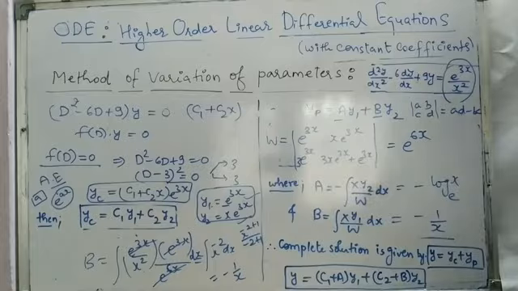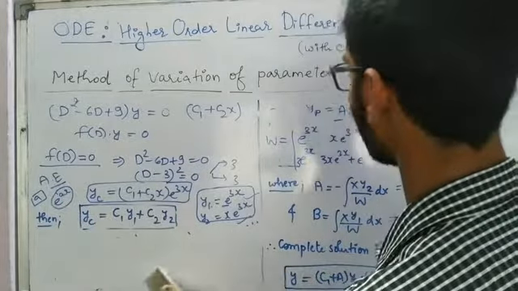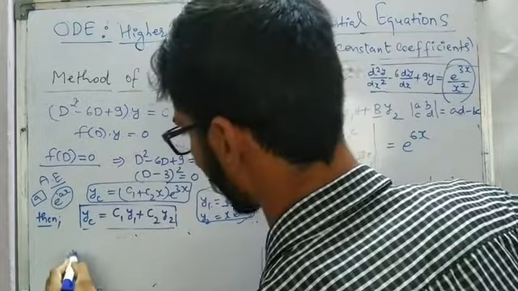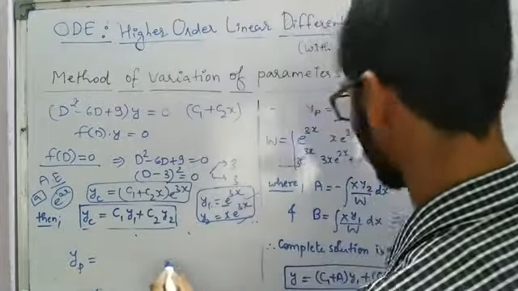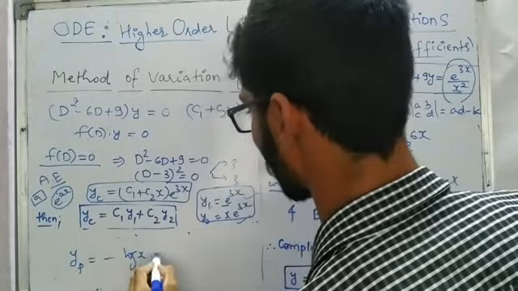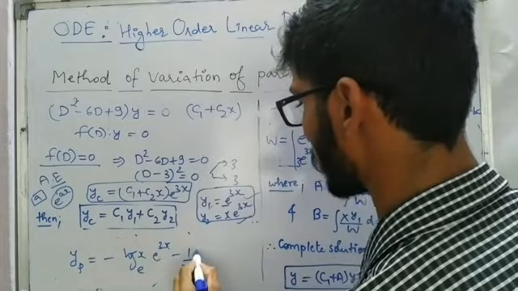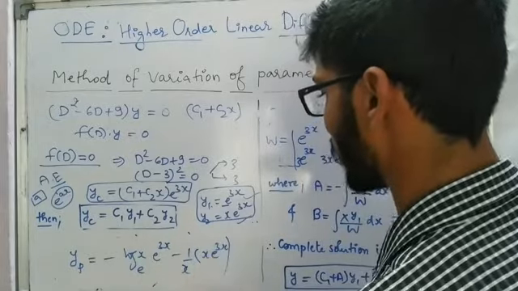So now we have the particular integral solution with us. It was nothing but yp is equal to a y1 plus b y2. So a is nothing but minus log x base e, y1 is e power 3x, and b is minus 1 by x into x e power 3x.